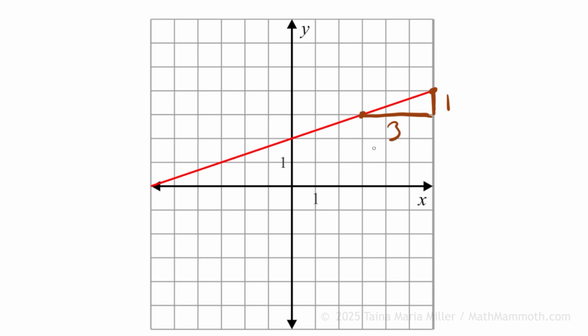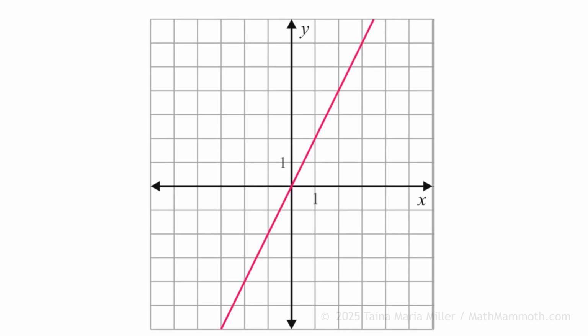So the slope of this line is 1/3. And this one, the slope of this line: take any 2 points you like and draw this triangle. There's the run and rise. You take the rise over run, 2 over 1. The slope is 2.